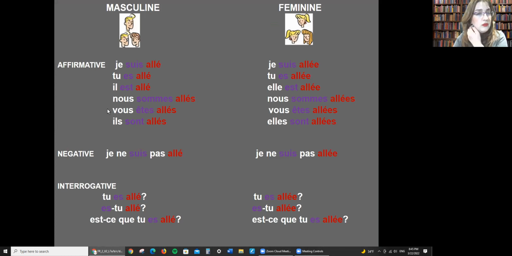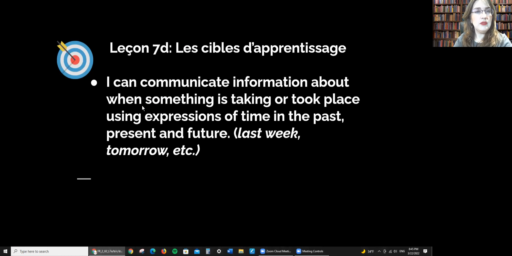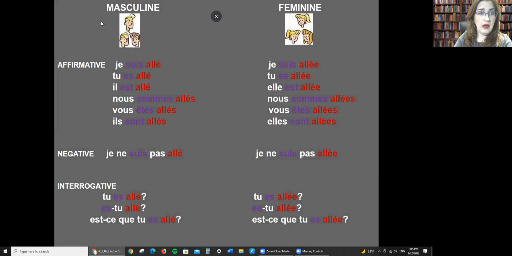Here we go. Look at the conjugation. So here is the conjugation of aller in the passé composé. We have to look at two different columns, one for the masculine, one for the feminine. Look at this.